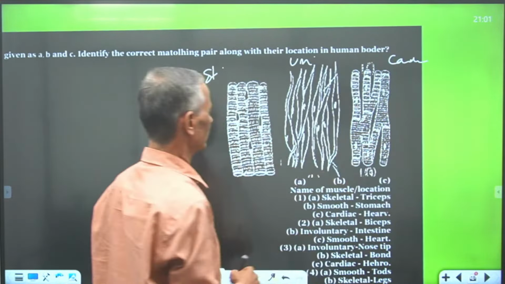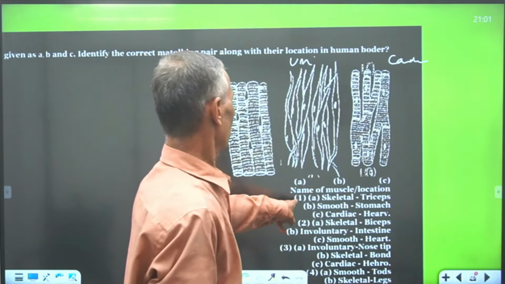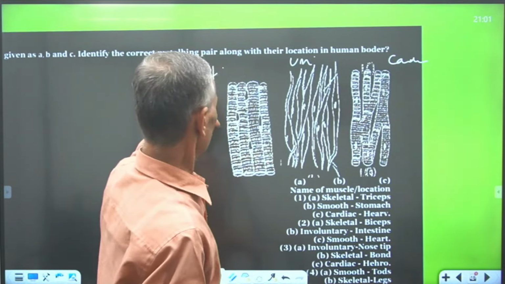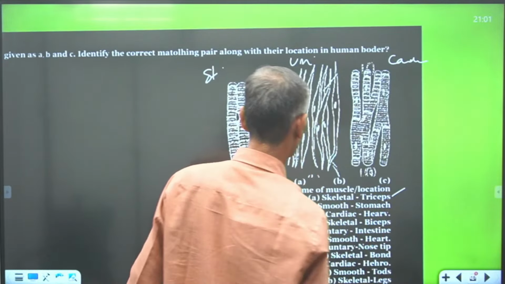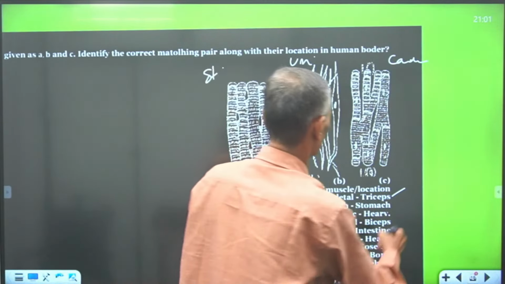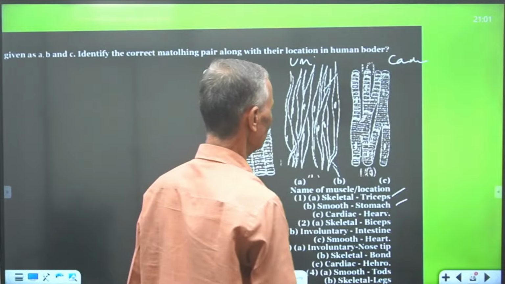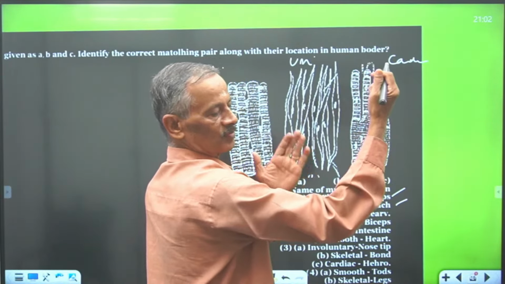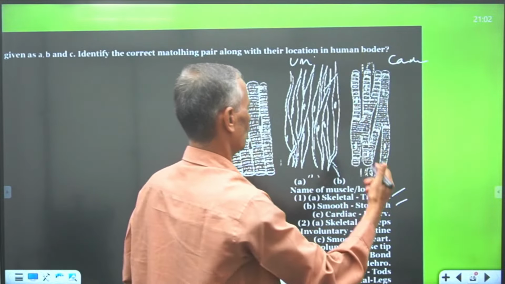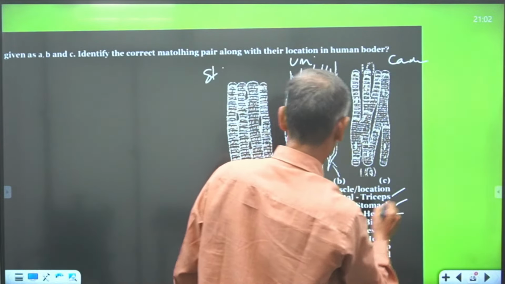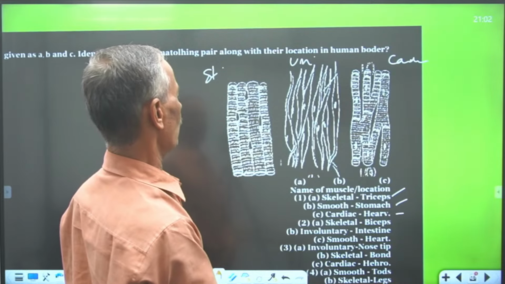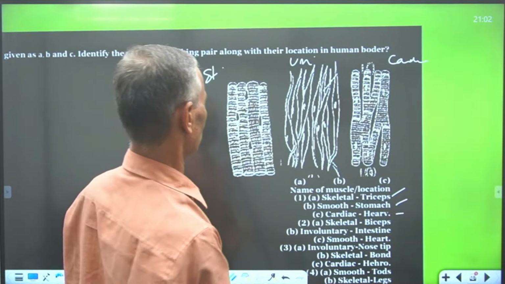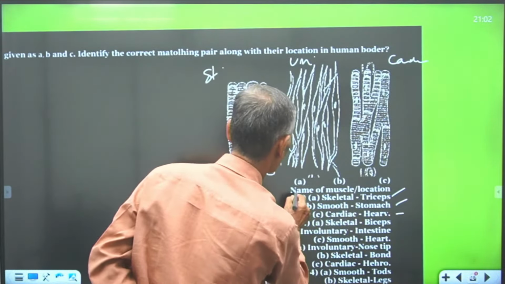Once you identify that, you go through the options. 1, A, skeletal muscle, correct, striated muscle, so put a tick. Smooth muscles present on stomach, involuntary, correct. This is the biceps, this is the triceps. Then cardiac present on the walls of the heart only. So that is correct.